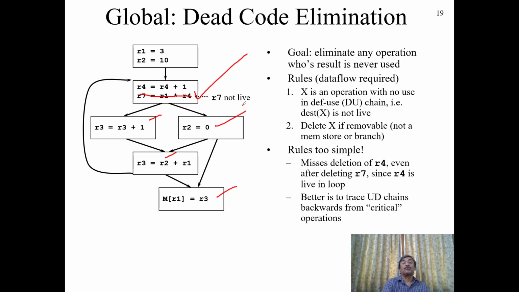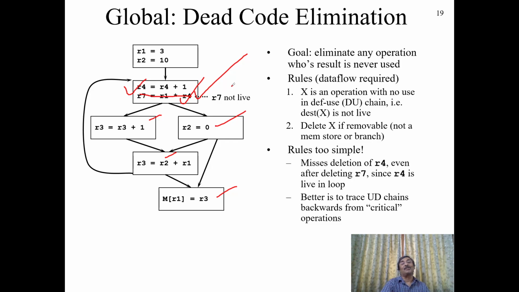But this is too simple. Why is this too simple? See, I removed R7, and why could I not remove R4 to begin with? Because R7 was using R4. So therefore, I could not remove R4. But now R7 is gone. What is the use of this R4 anymore? It's not there. But this rule that I talked about will not allow to delete R4.